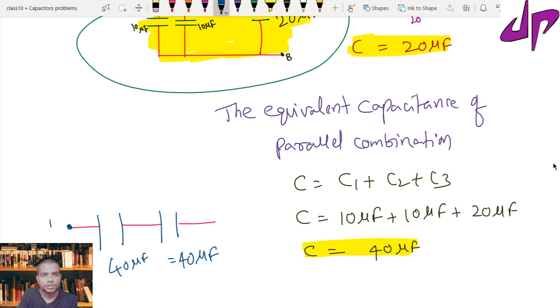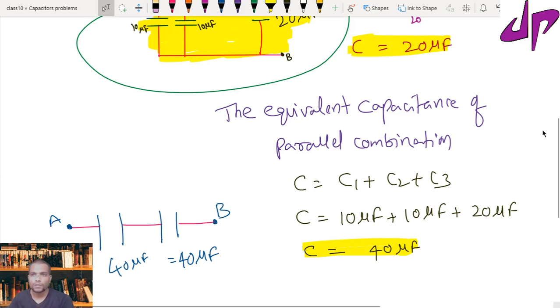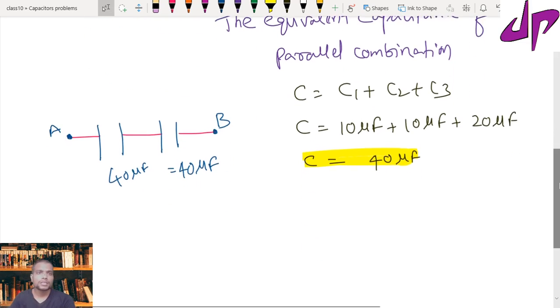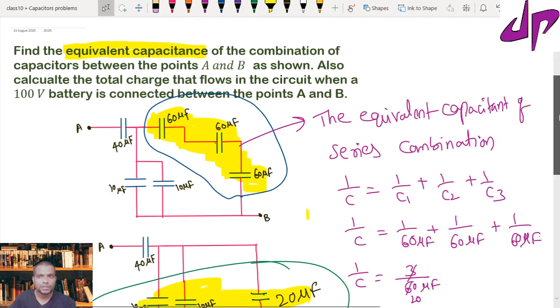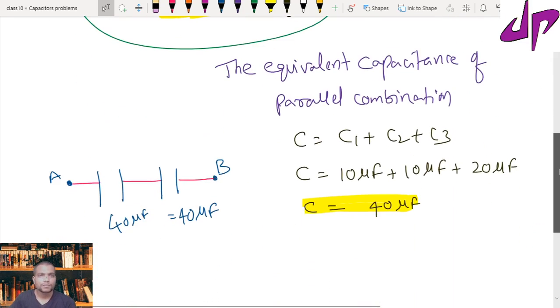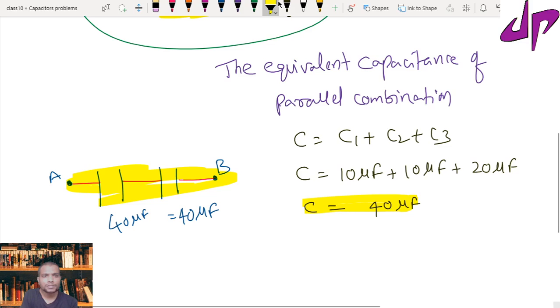Both are present between the two points A and B. Now you can see how the circuit is reduced from 6 capacitors to 2 capacitors. Now our task is to find the equivalent capacitance of this combination. They are both in series.